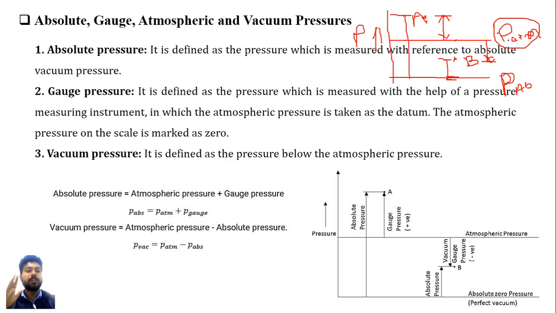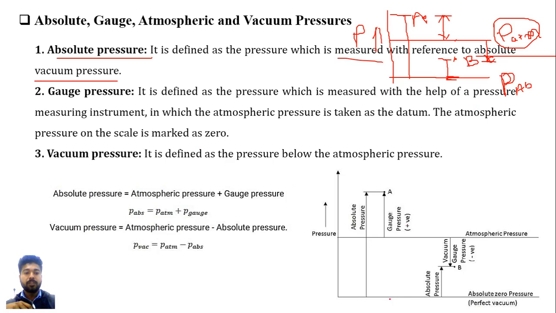But whenever you are going to find the pressure with respect to this absolute line, then at that time all the pressures are called absolute pressure. So as this definition shows, the absolute pressure, which is the first definition, is defined as the pressure which is measured with reference to absolute vacuum pressure.